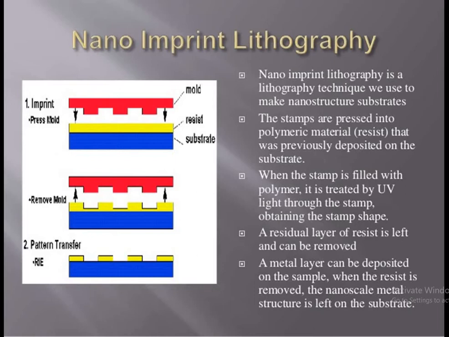After that, whatever residual layer of resist is left can be removed, and then afterwards the resist is removed, and we obtain the nanoscale structure after completion. So this is known as nano imprint lithography.